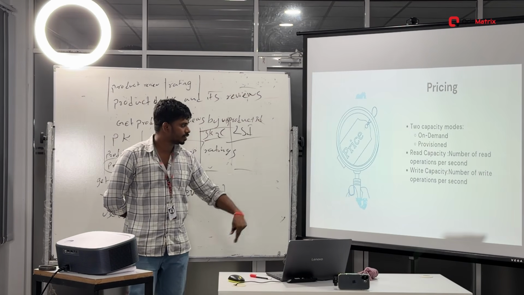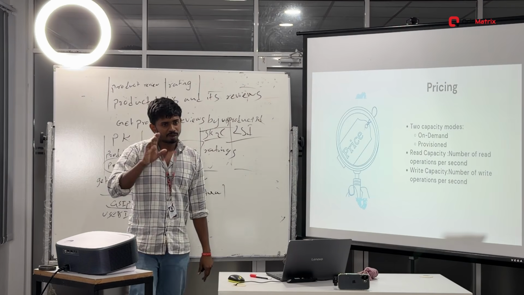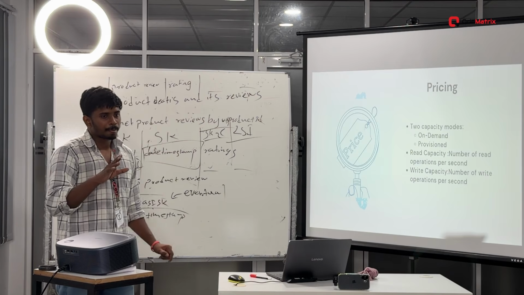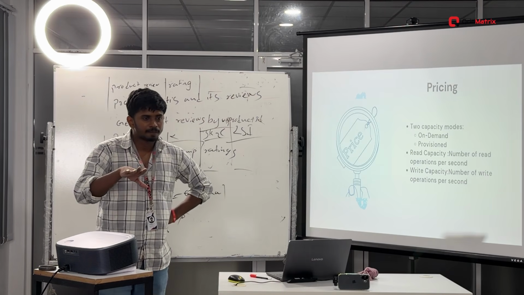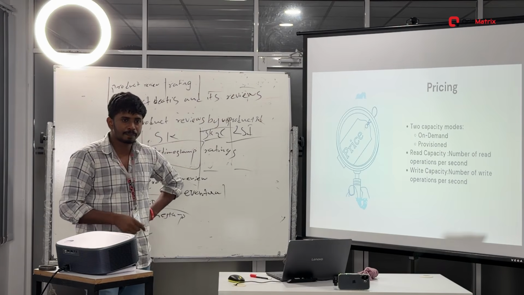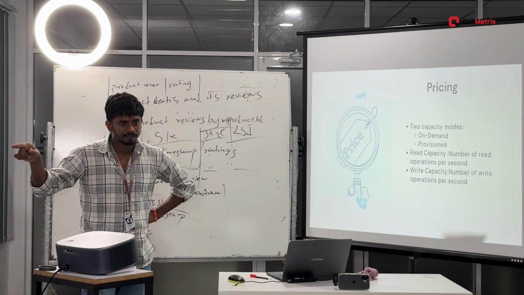So basically, read capacity is the number of reads. Just forget this. It means when you do a query or a read, if it is strongly consistent, it will be one read capacity unit, but it should be under 4 kilobytes when you do a query.